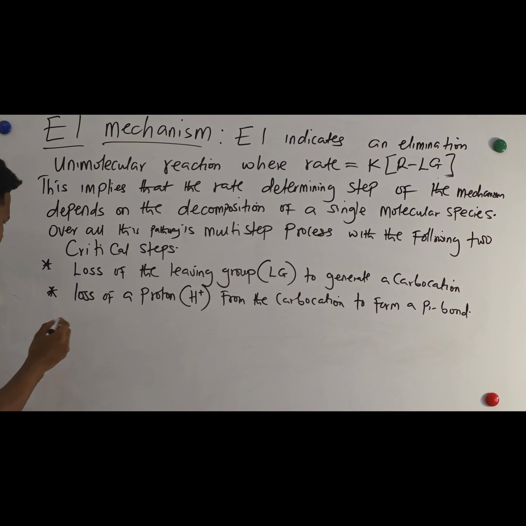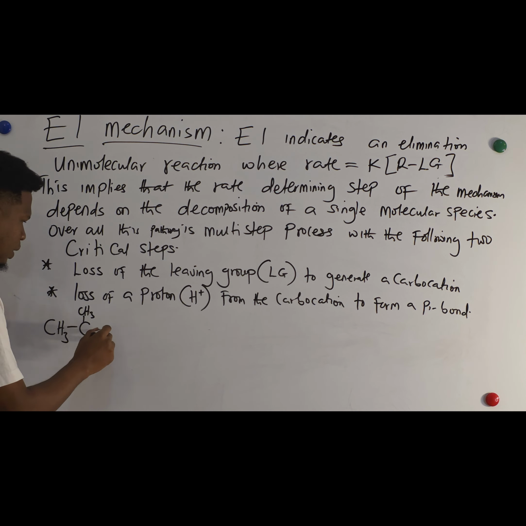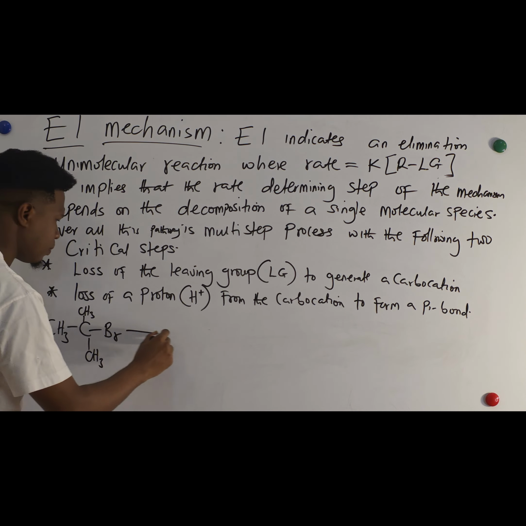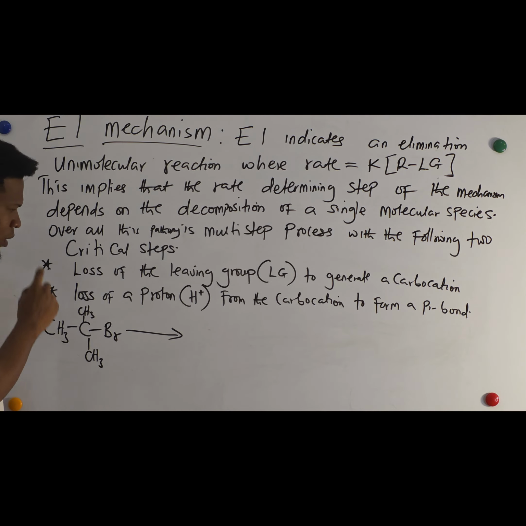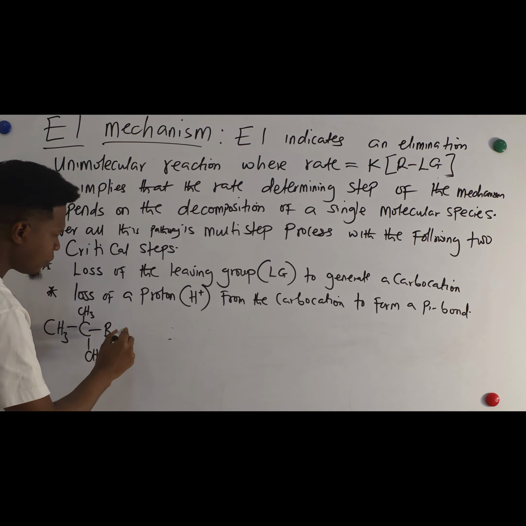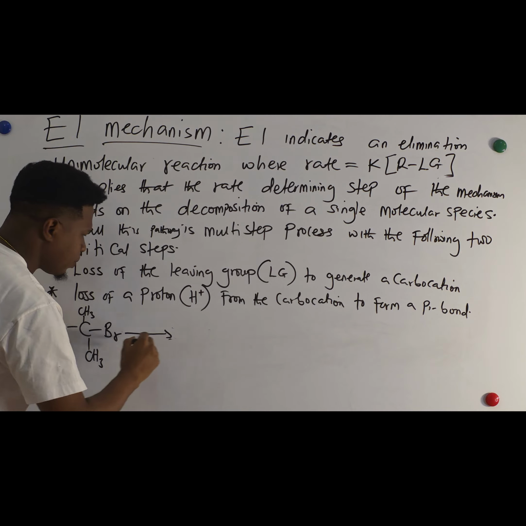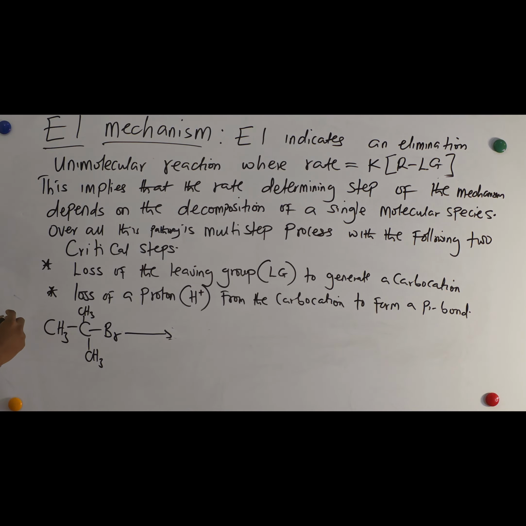Let's assume that we have a molecule like this. If this reaction wants to follow an E1 mechanism of elimination, what will happen first?